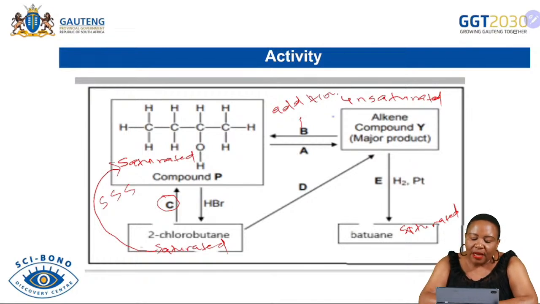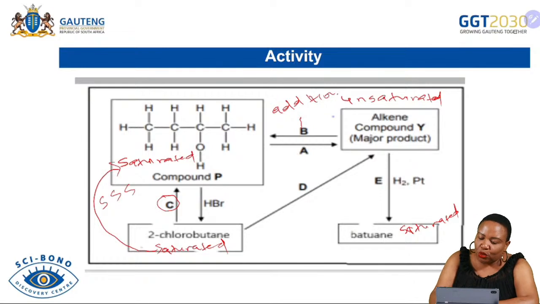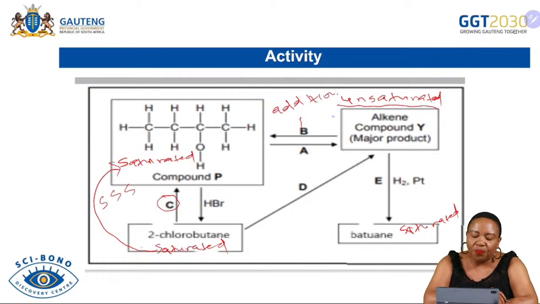It's from saturated and it goes to unsaturated. Therefore, we know that if it is from saturated to unsaturated, it's our SU, and the type of reaction that D will undergo is an elimination reaction.